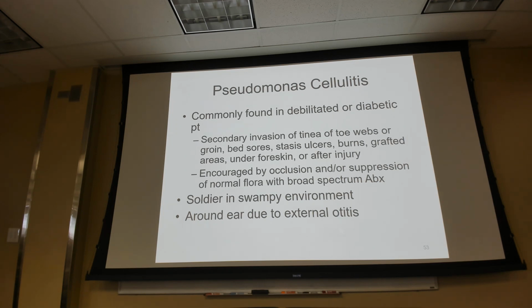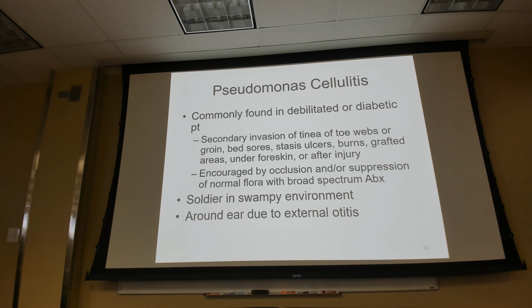Pseudomonas cellulitis. It's oftentimes seen in sick people or those that have a disease process like diabetes. We would see these things happen on the toes, the groin, if they're constantly inside of a bed and they have those sores. Stasis, right?